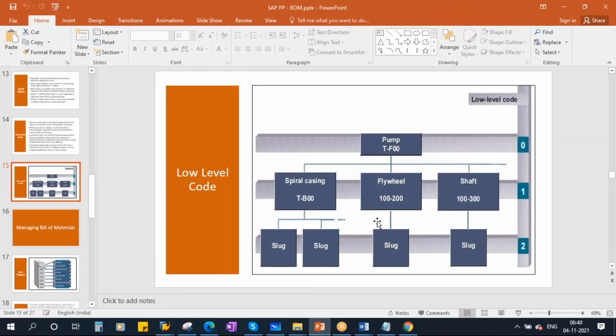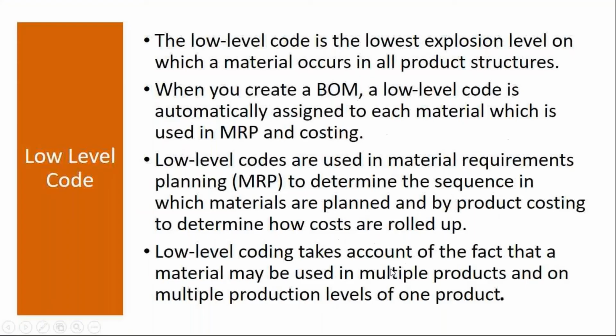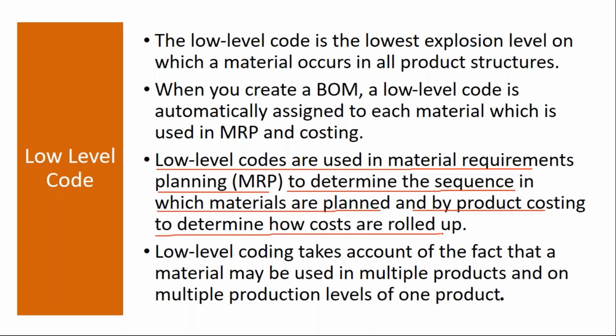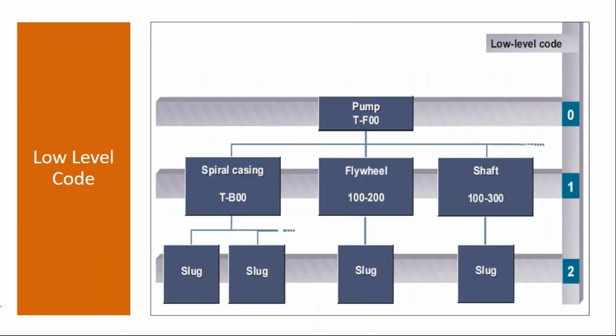Now the question is why these low level codes are required. What is the real purpose of it? Low level codes are used in MRP, material requirement planning, to determine the sequence in which materials are planned, and by product costing to determine how the costs are rolled up. When you run MRP, which we will discuss at a later point, first the system will plan all the materials with low level code 000.